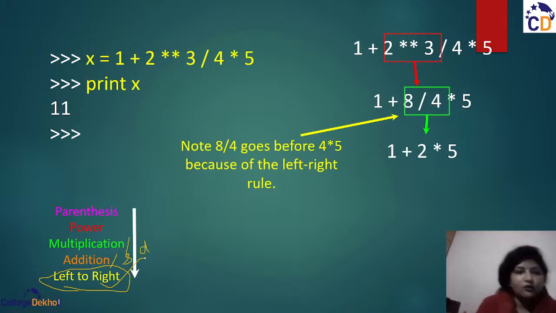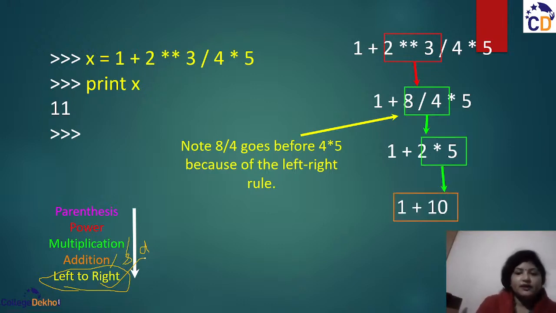Left to right rule means if we have two operators that are of same precedence, then we have to apply the next rule, that is left to right rule, for solving the expression. Right, so here we get 11. Right, so this is how we use operators, and what is the order of precedence, what are variables, what are constants, what are reserved words.